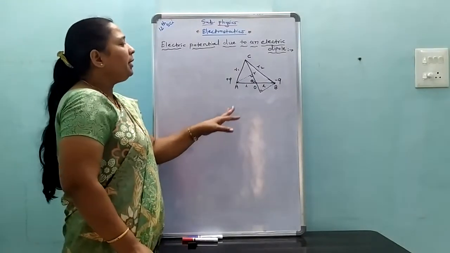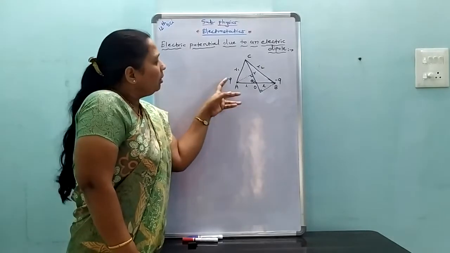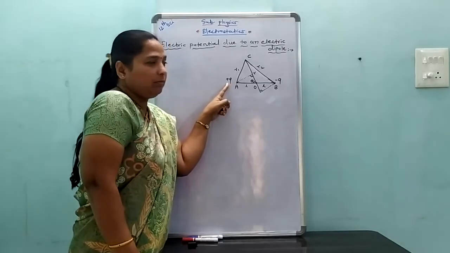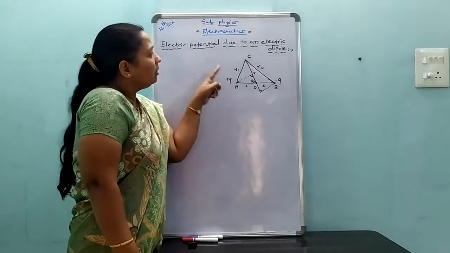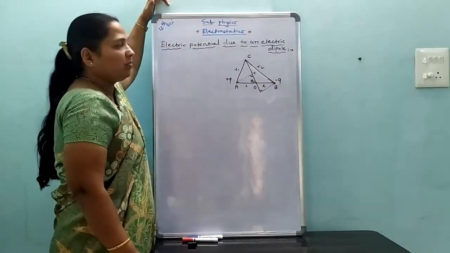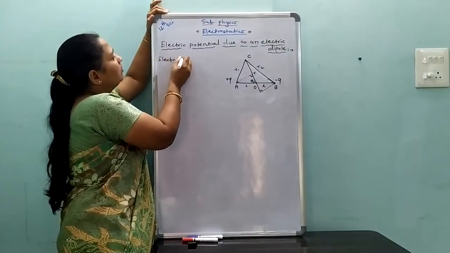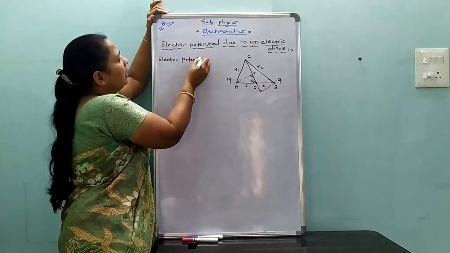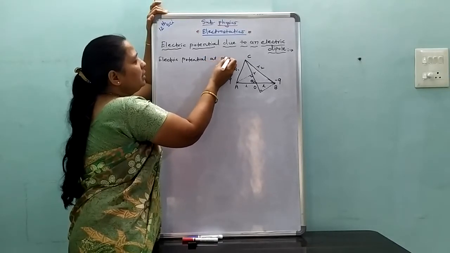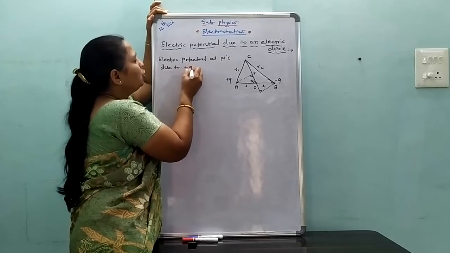Now, calculate the electric potential due to an electric dipole. Due to the positive charge plus Q, the electric potential at point C is V1.